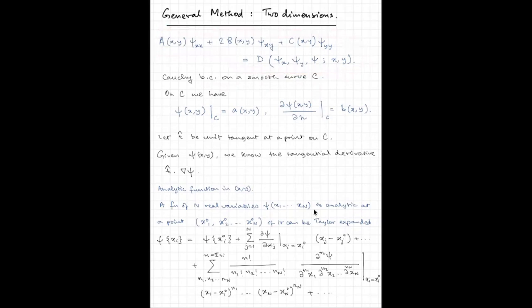So we had a way of trying to do this, and this boiled down to trying to understand what would entail trying to solve this when we had an analytic function in x and y. By that we meant we had an expansion. We had a function of n real variables psi, which can be Taylor expanded about a point x1 naught to xn naught in these n dimensions.